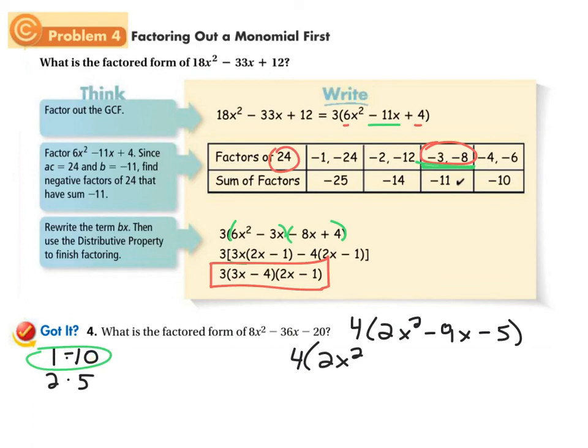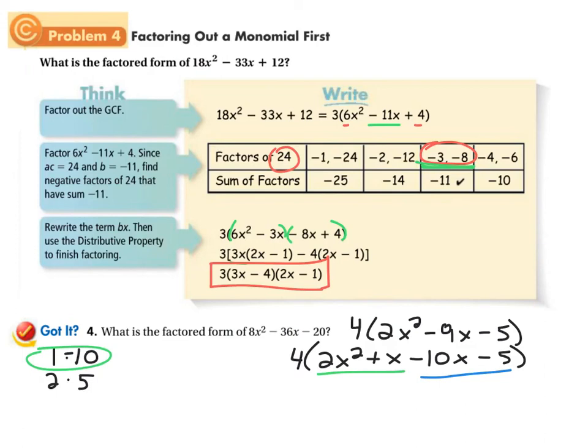So we're going to have positive 1x, or just positive x, and negative 10x. Those are going together to be that negative 9x that was here, and we got to keep the minus 5. Okay, and now we're going to group them. We're going to group these two together, and we're going to group these two together, and we're going to see what we can pull out.